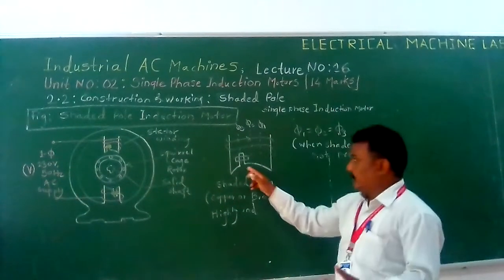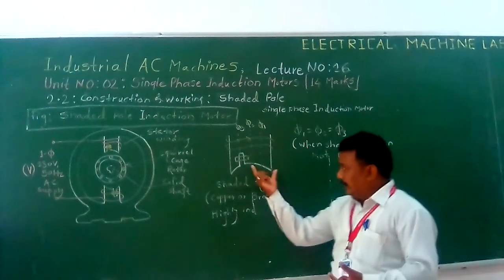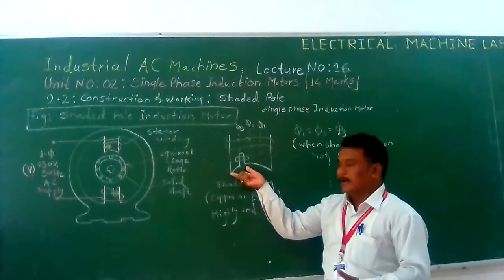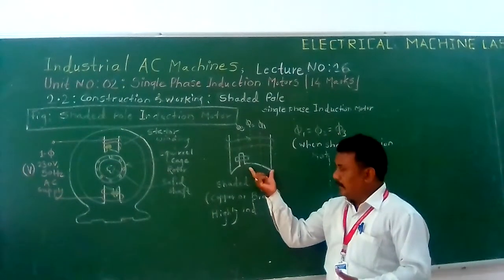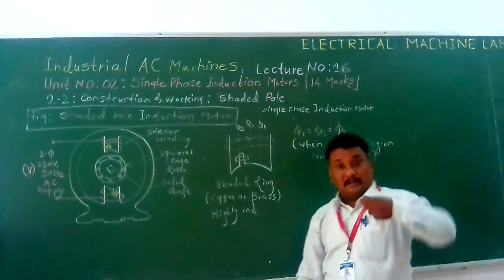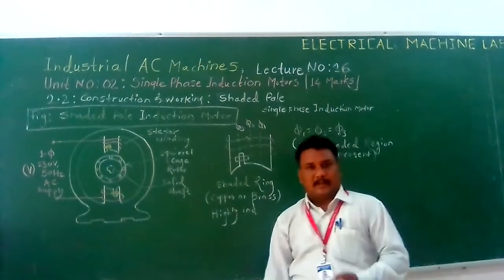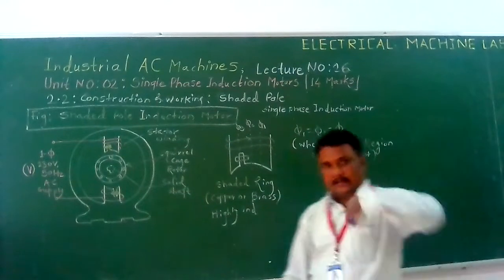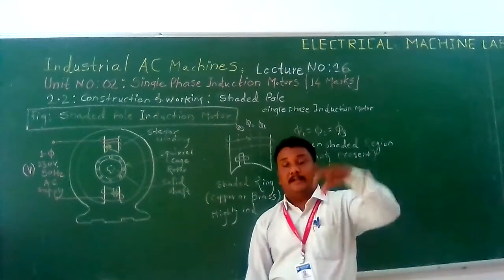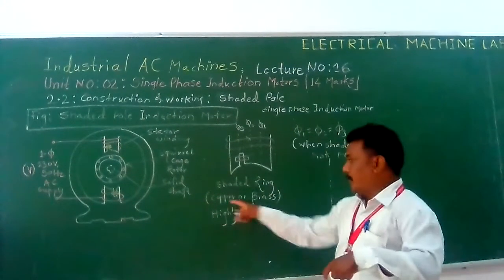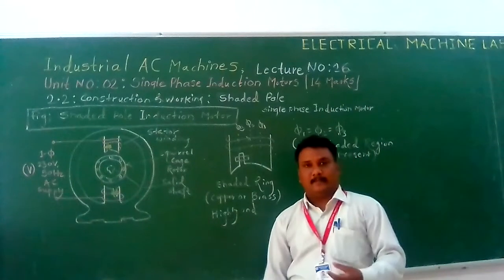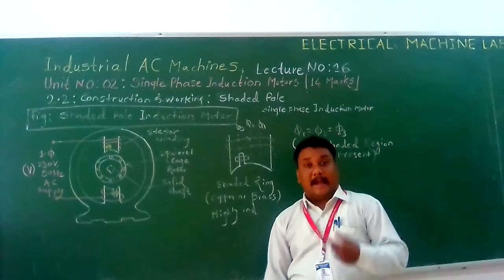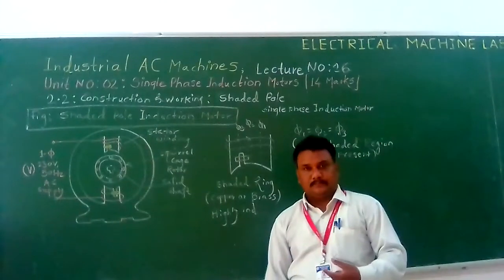Here the stator splitting region is shown: this is the 70 to 80% region, and this is the 20 to 30% region. From the 70% point a split is produced, over which a circular shaded ring is mounted, made of copper or brass. We know that copper and brass are highly inductive.